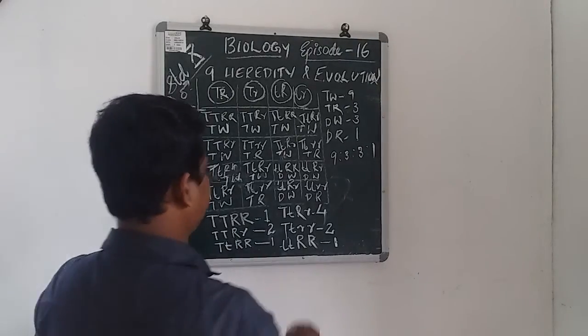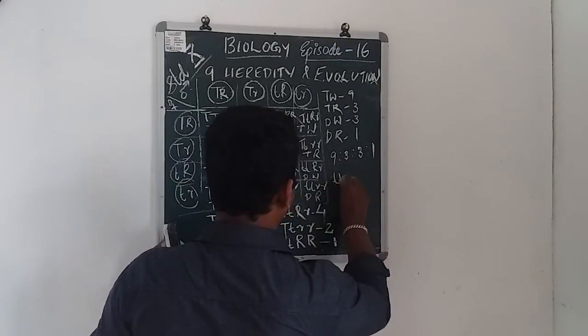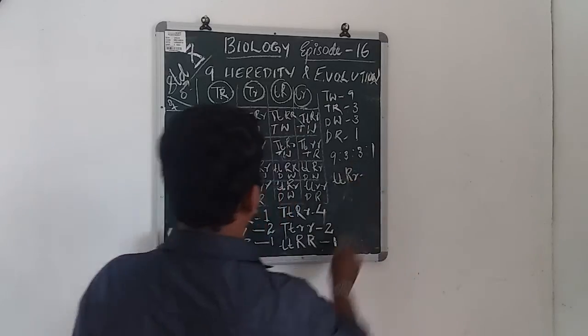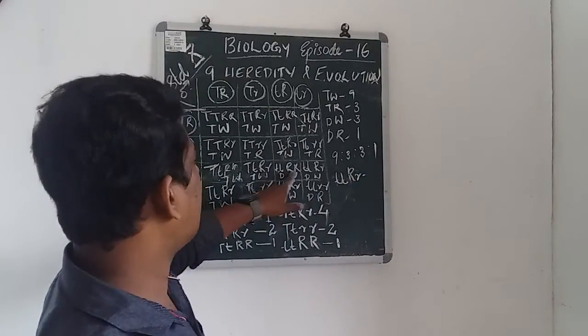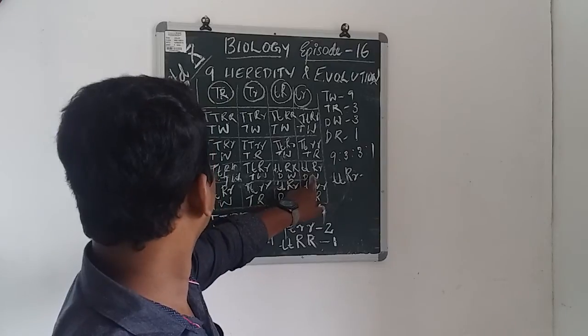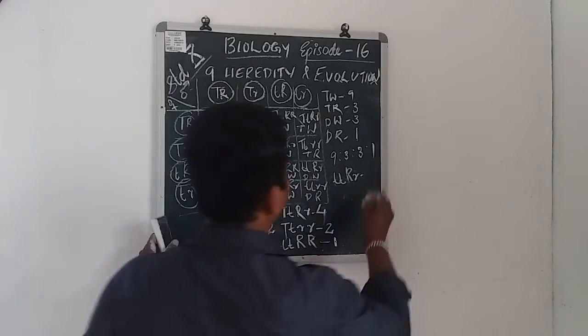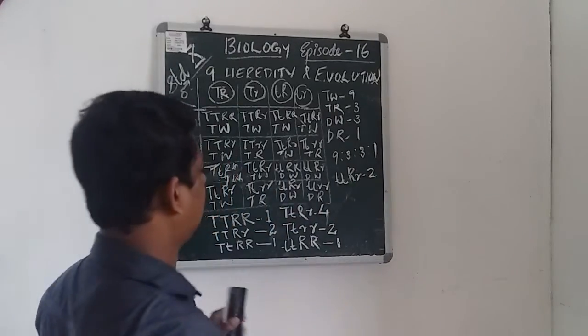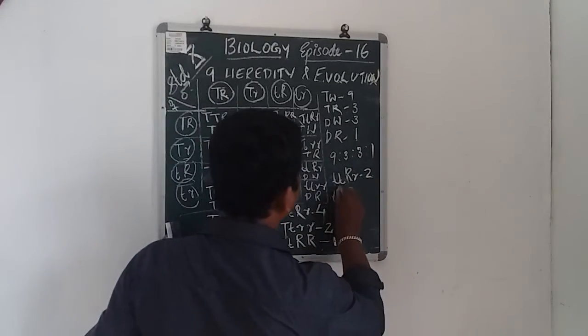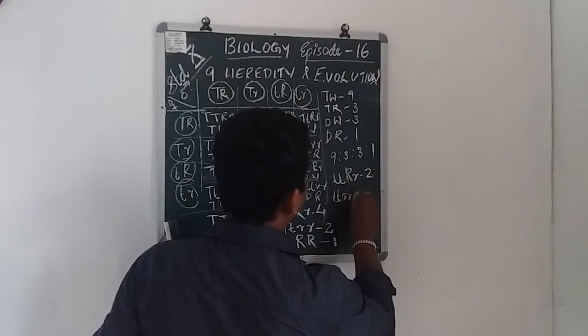And then small t, capital R, small r. Small t, capital R, small r. 1 and 2. Find the 2. And the small t, small r is 1.